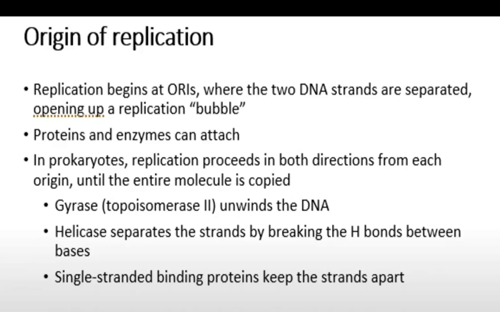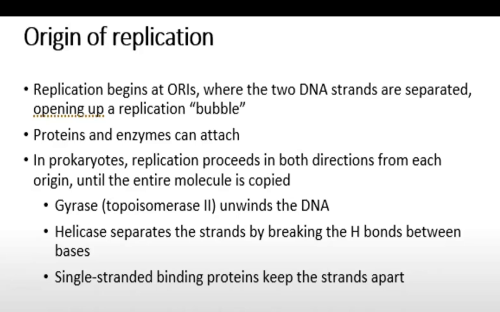So some of the enzymes that you need to know, that have very important roles in DNA replication in bacteria or in prokaryotic cells. First one is gyrase, or topoisomerase 2. The main function of this enzyme is unwinding the DNA, making sure that the DNA is not folded and every part of the DNA is accessible to other enzymes.